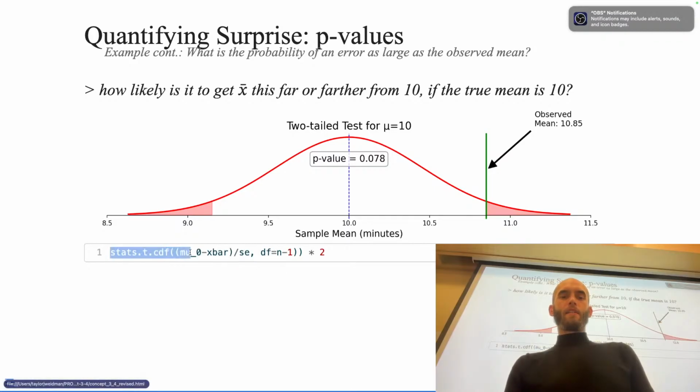This is the difference between mu and x bar, and then we divide by the standard error to get a t statistic. It gives us everything under the distribution, like we've done with CDFs, that's below this value. And then we just want it twice, one for the lower tail and one for the upper tail. So we multiply by 2.